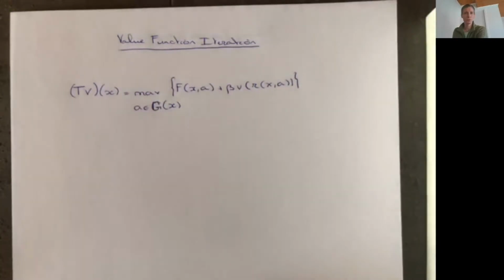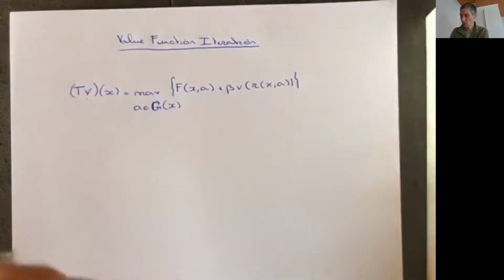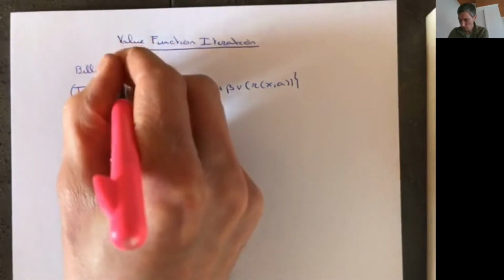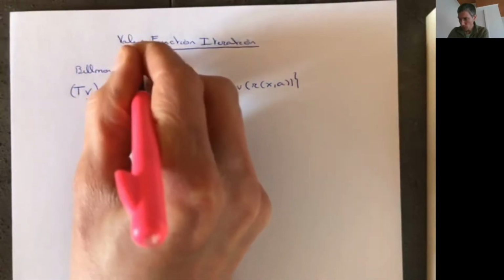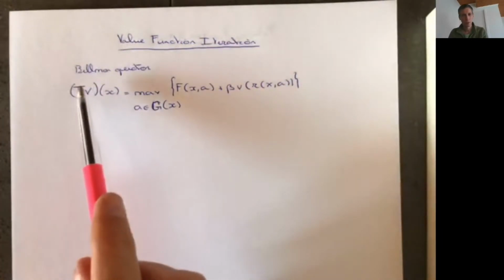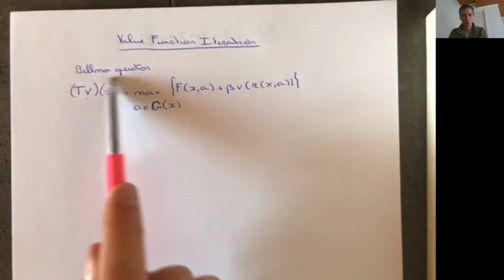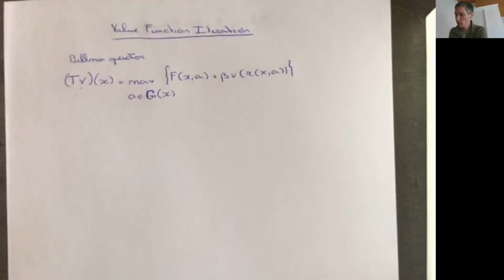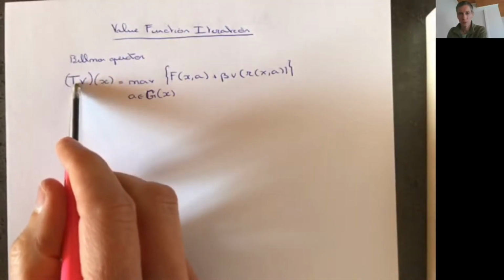Okay, so this is the Bellman operator. If you want to solve the infinite horizon dynamic optimization problem, then basically we have to find the fixed point of this operator.